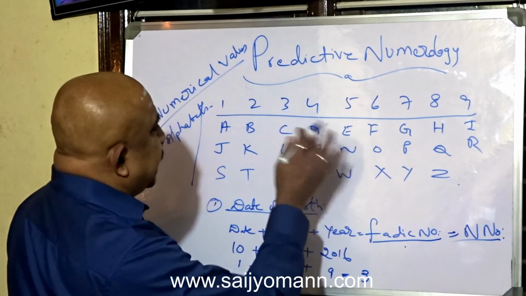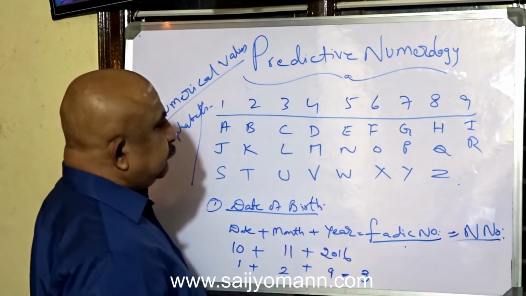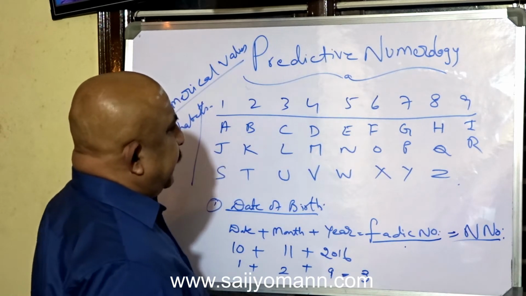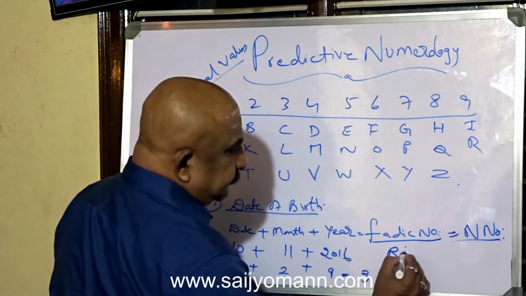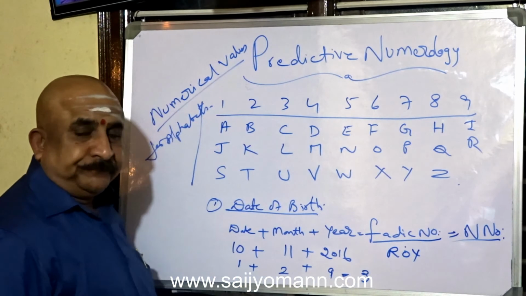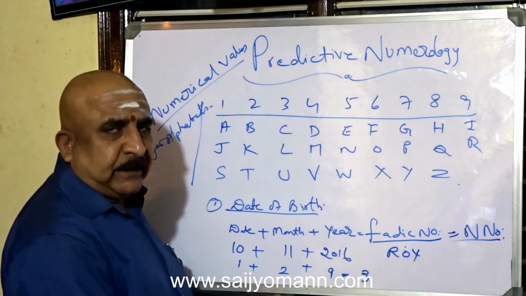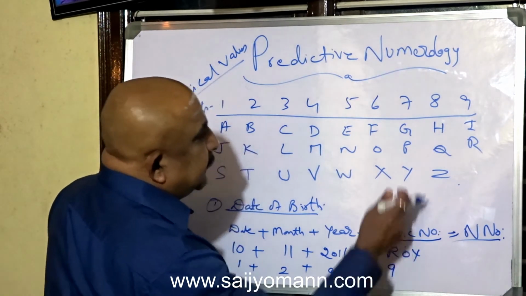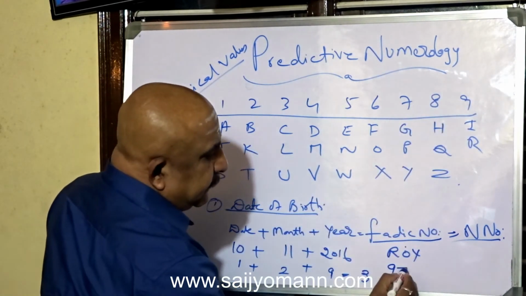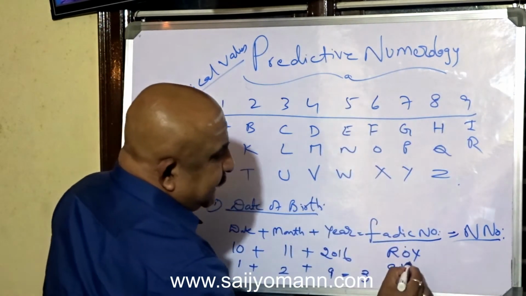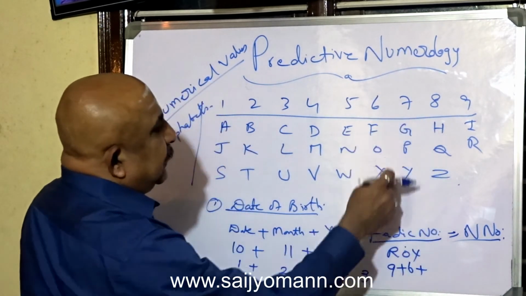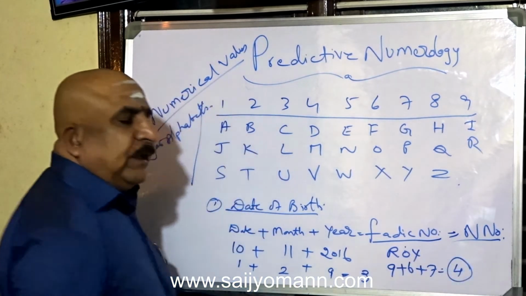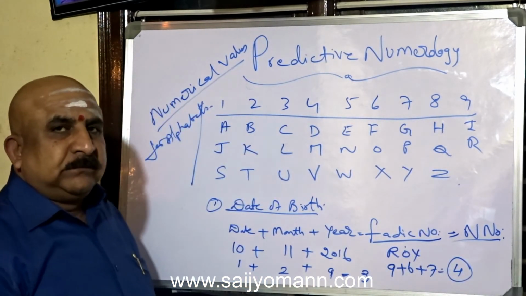And if you name the child, for example, Roy, male child, female child, whatever it is, R is 9 plus O is 6 plus Y is 7. The total comes up to 4.